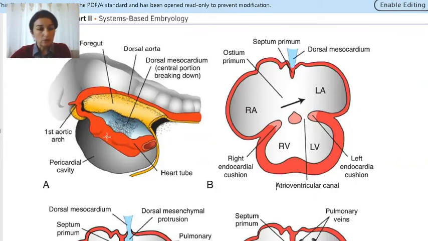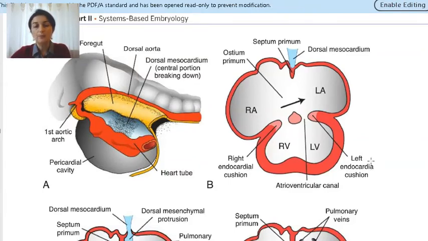That is inside of this pericardial cavity, and the dorsal mesocardium here, as we know that in the caudalmost part of it the proepicardial organ is formed, from which cells migrate and surround this heart tube to form the epicardium. Pay attention to this illustration.